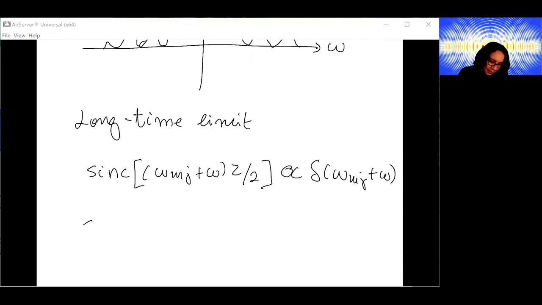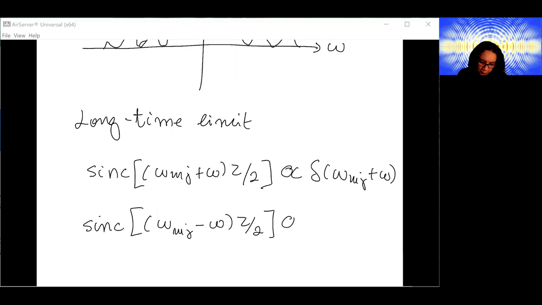And now we have also that sinc of (omega mj minus omega) tau over 2 is proportional to delta of (omega mj minus omega).